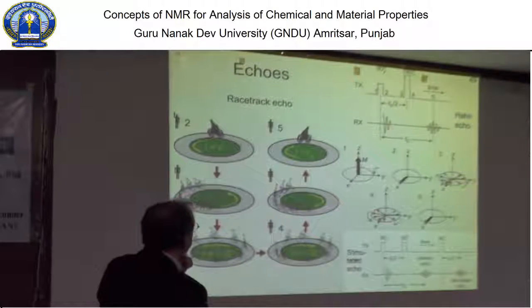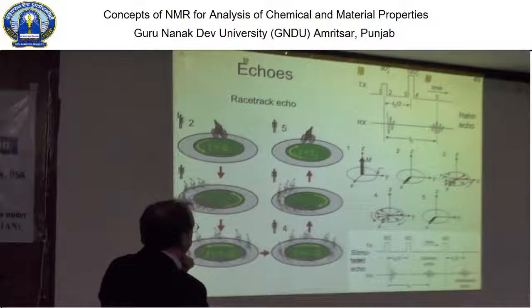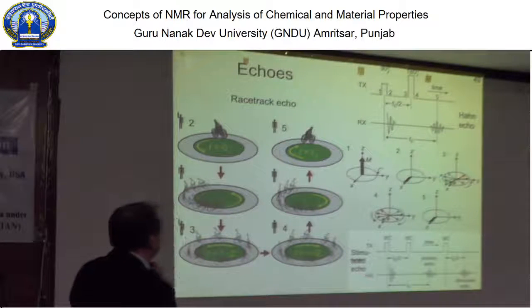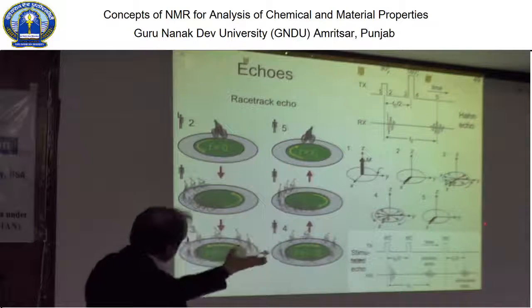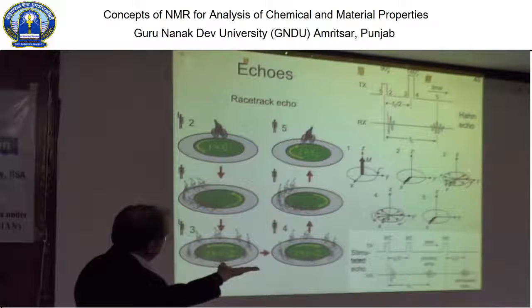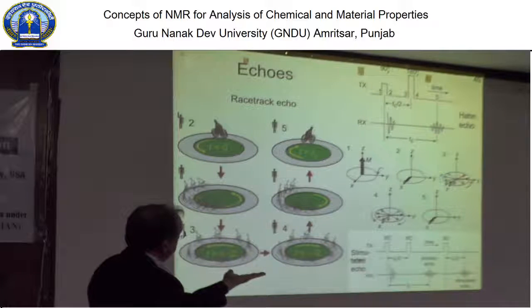Now we go from 1, 2, 3. This is the next one here. So the magnetization spreads in one way and the other way. I identified two components in color. And then you do a 180-degree pulse along the x direction. The 180-degree pulse means you rotate the whole plate of magnetization components by 180 degrees, which means you exchange red and blue, for example. So that one moves over here, the blue one moves over here.